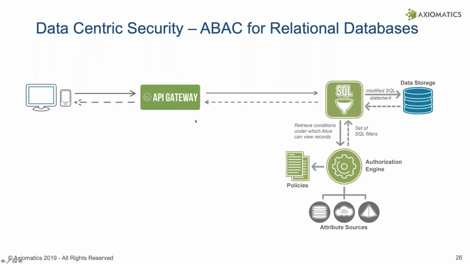So from an architectural perspective, it would look something like this instead: you have an application, for example, making an API call to the gateway.